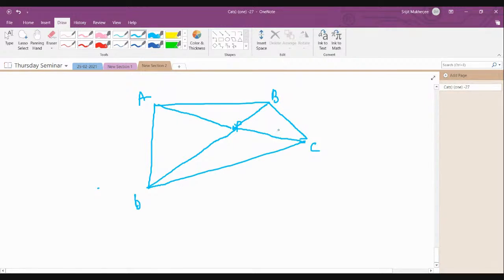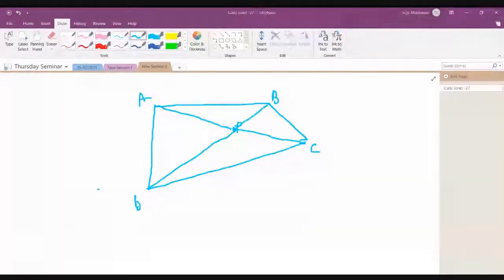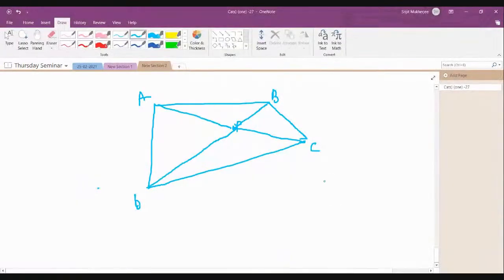Okay, that makes sense. So can we prove? Okay, okay, okay. I got this idea. So I really got this idea. Let me share it with you. I'm not sure whether it will be true or not. So what we're trying to find, let's take this with respect to this. So we are trying to find a point P such that APC has the same area as BPC.